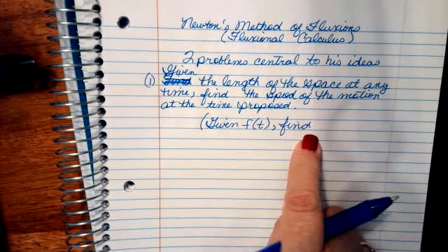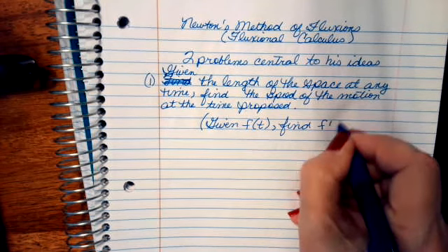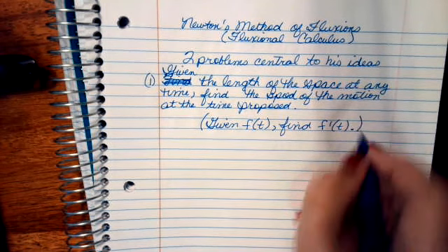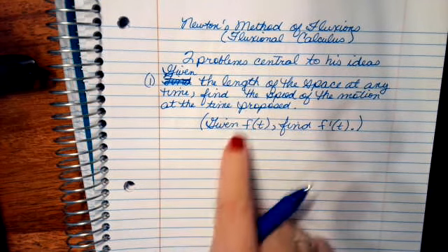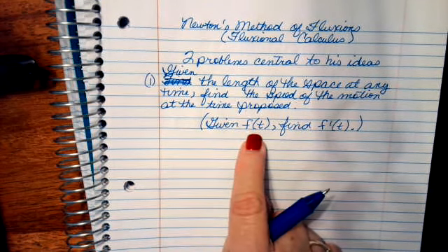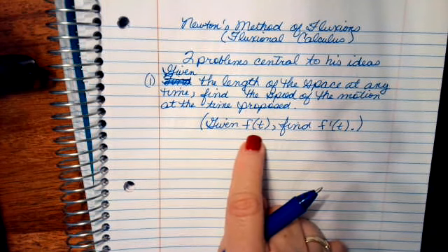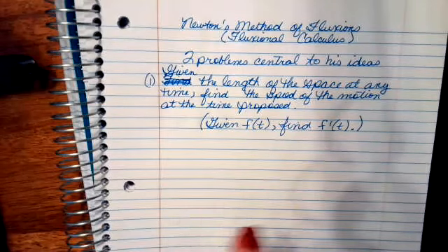Well, we know what that is. That's the derivative. Find f prime of t. And by the way, it's interesting, we're talking about Newton's method of calculus, but this functional notation is pure Leibniz. This is Leibniz notation for representing functions.